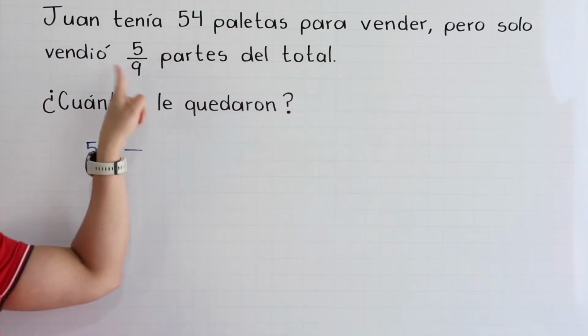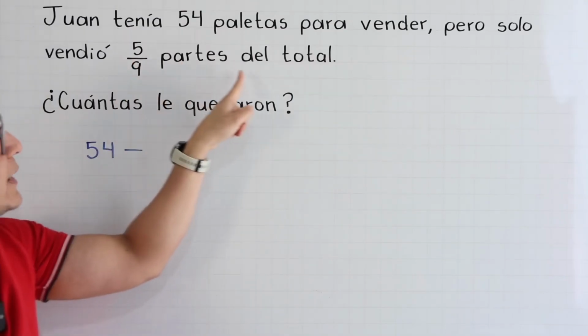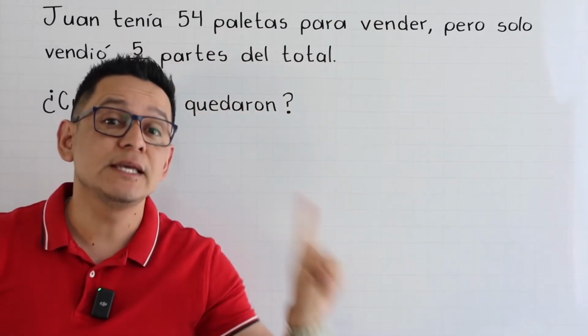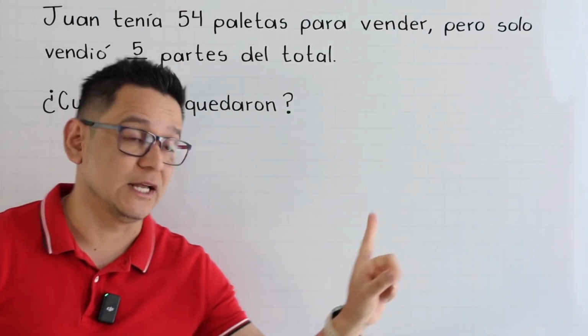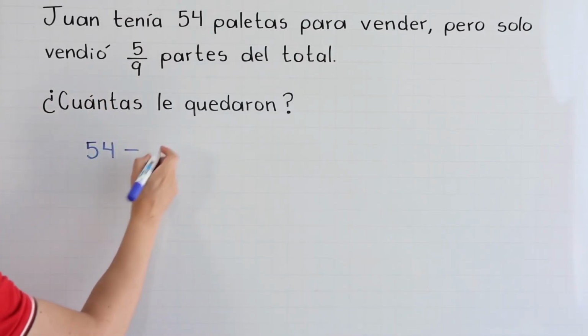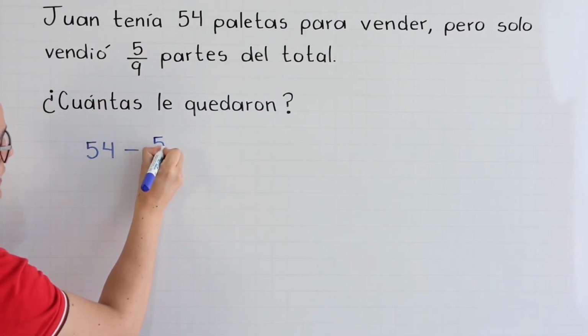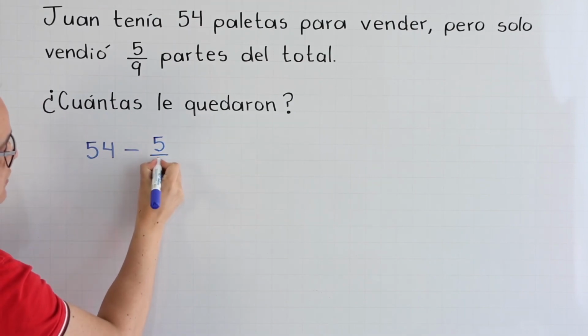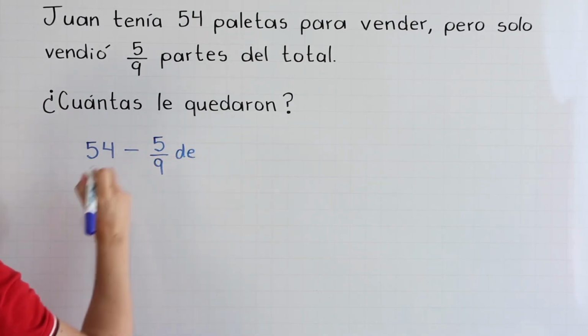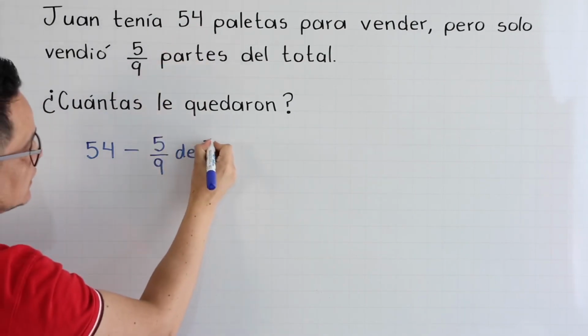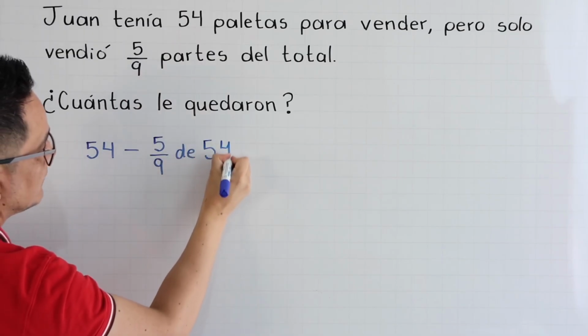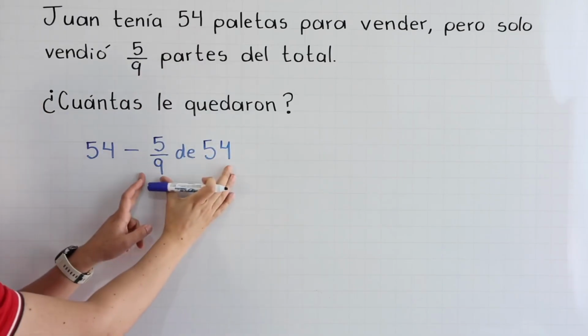It says here that only 5/9 of the total were sold. Pay attention. 5/9 of the total. I'm going to write it this way. I'm going to say that from this, we have to subtract 5/9. Of what? Of the total. But the total is 54. Pay attention, we're going to subtract 5/9 of 54.